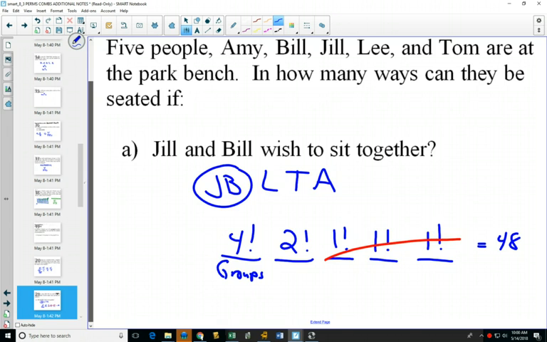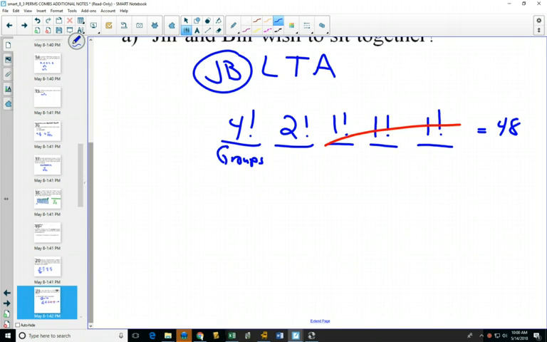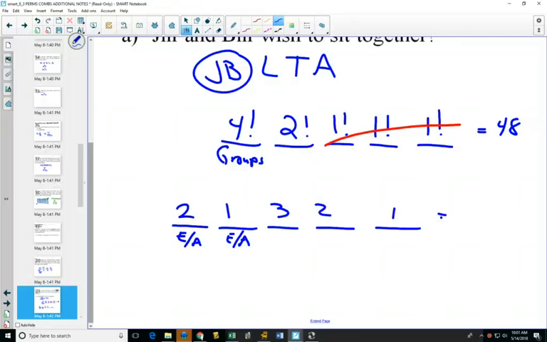The most common way of solving this that I saw people do, similar to this, I think it was Edna and Amanda sitting together. People put 5 spaces and put Edna and Amanda here and said one of the 2 could sit there, 1 could sit there, then 3, 2, 1, and I get 12 ways.